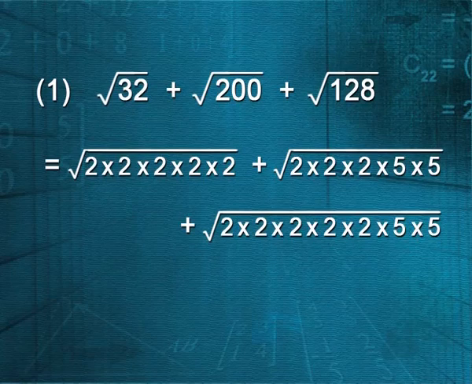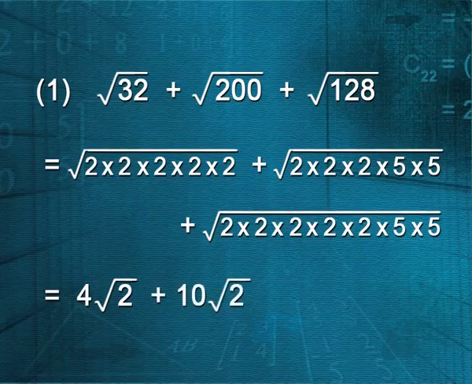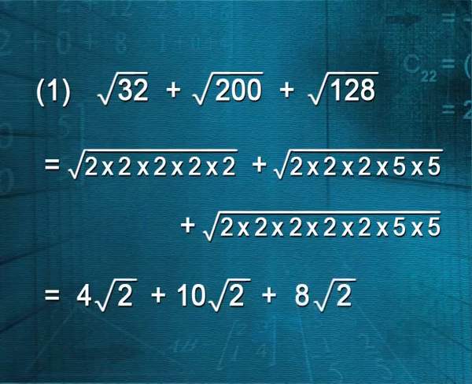So root 32 can be written as 4 root 2. Similarly, root 200 can be written as 10 root 2, and root 128 can be written as 8 root 2.